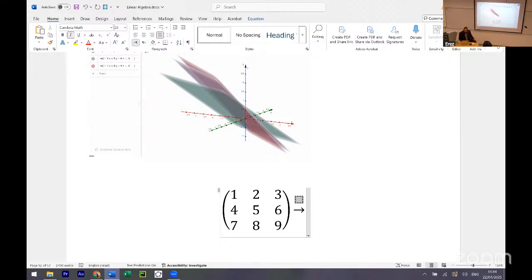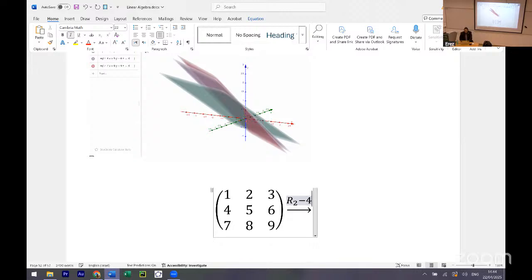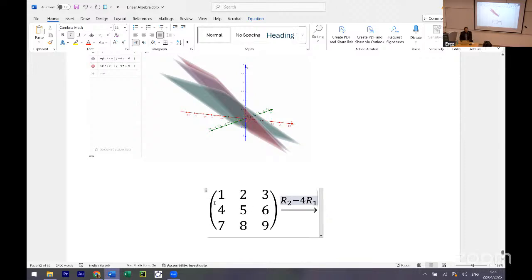So what I suggest you do here, what's the natural thing to do here, is row 2 minus 4 times row 1. Okay, do you see why? Because this will cancel out these 4, and that's my entire wish now.